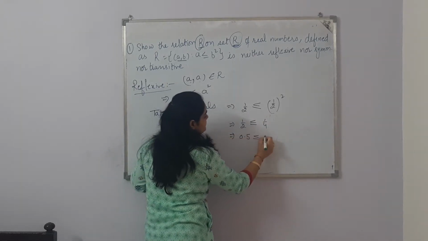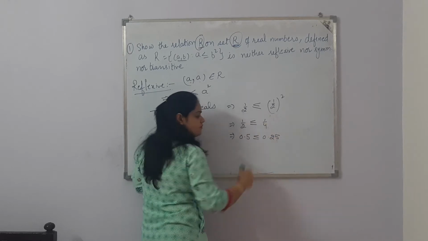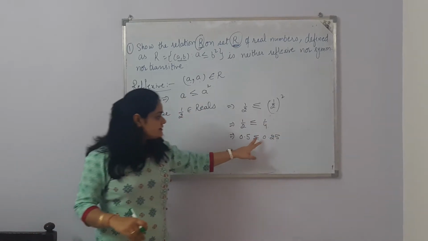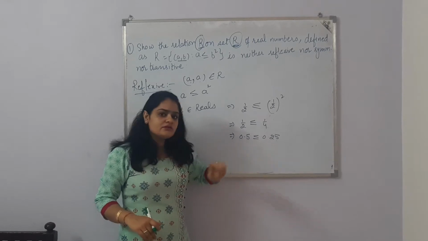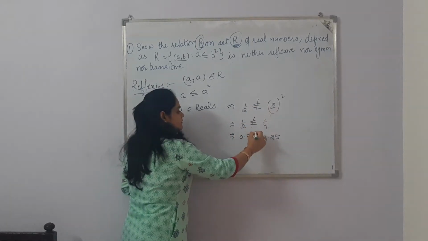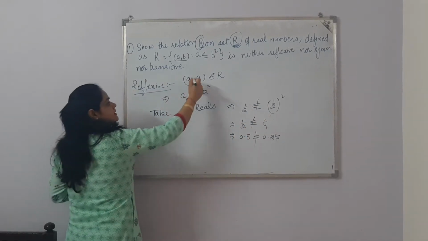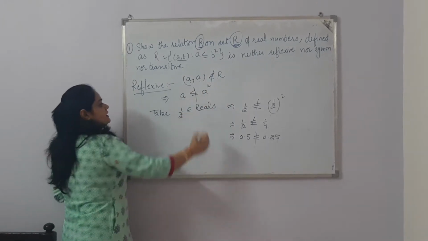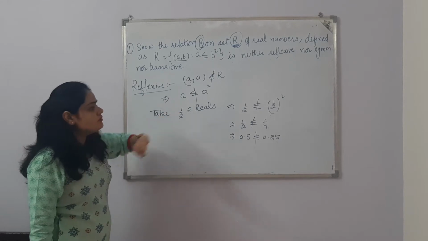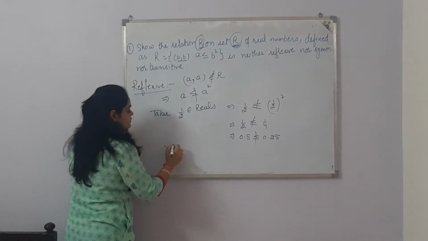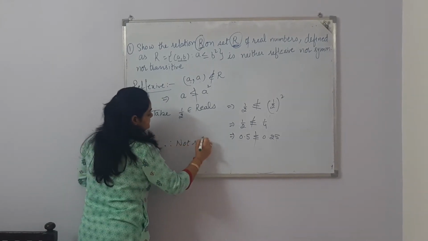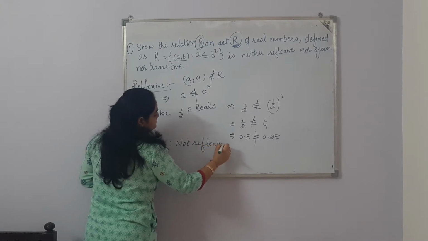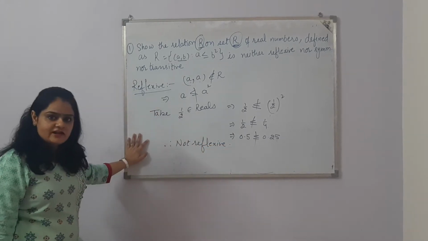Is 0.5 less than 0.25 or equal to it? No, it is not so. So that means (a, a) doesn't belong to R, and a is not less than or equal to a square. Here the relation is not reflexive.